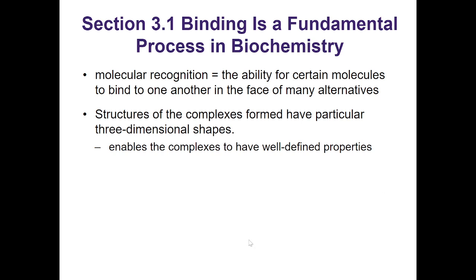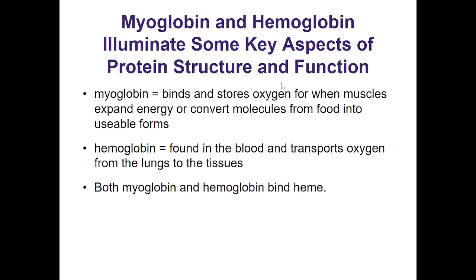Okay. So the structure of the complex that is formed has to have a particular three-dimensional shape. This enables these complexes to have well-defined properties because, again, structure dictates its properties, dictates its function, doesn't it? So myoglobin is going to bind and store oxygen for when muscles expend energy, or convert molecules from food into usable forms.